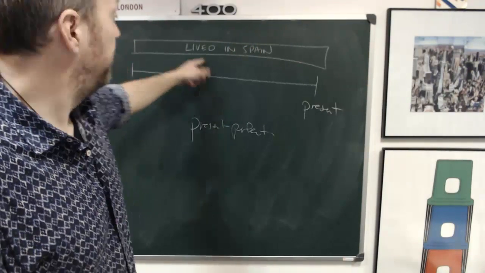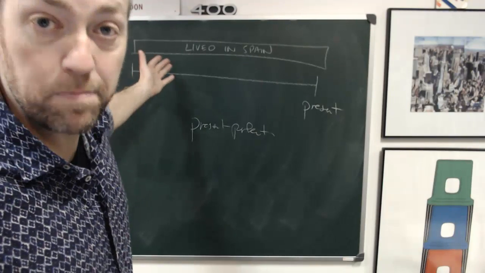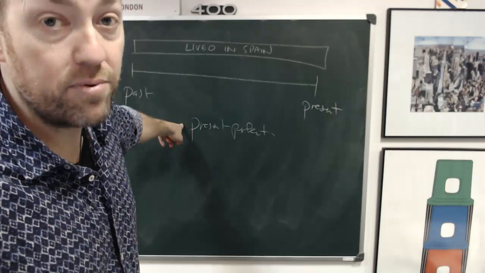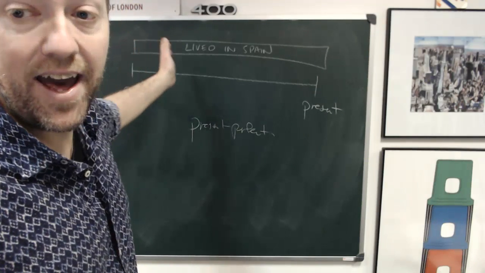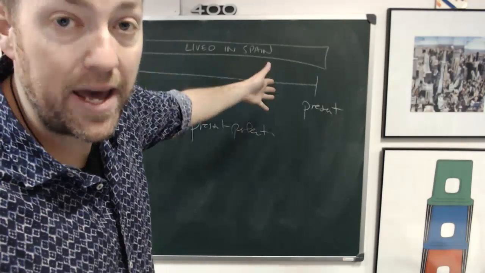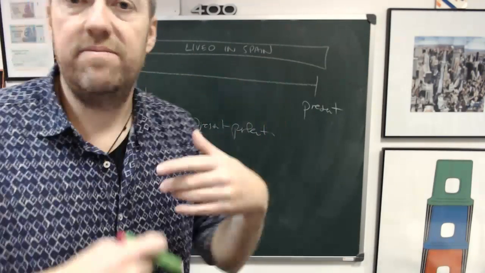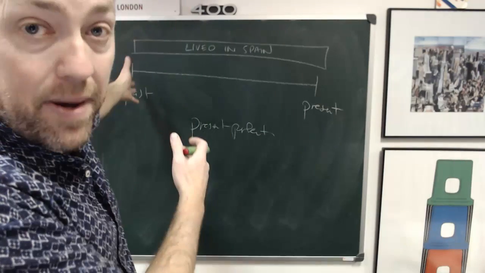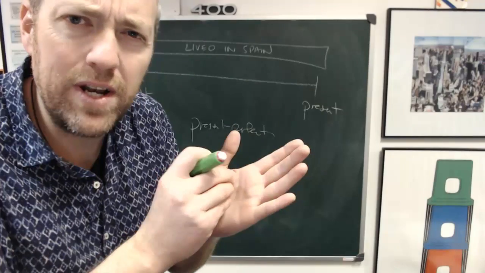For example, I live in Spain. And so you can say, using present perfect, I have been living, or I have lived in Spain for 10 years. Because it's something in the past and it's strongly related to now.